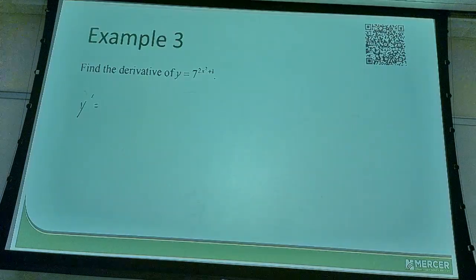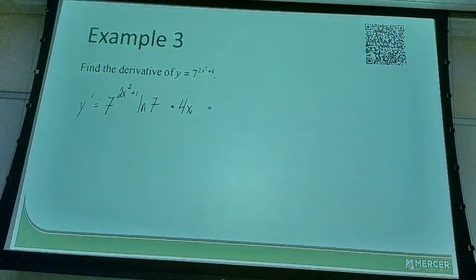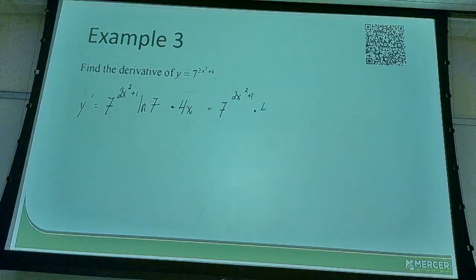What is the base? 7 to the 2x squared plus 1, times natural log of 7, times the derivative of the power, 4x. So I'll write it that way, I guess.